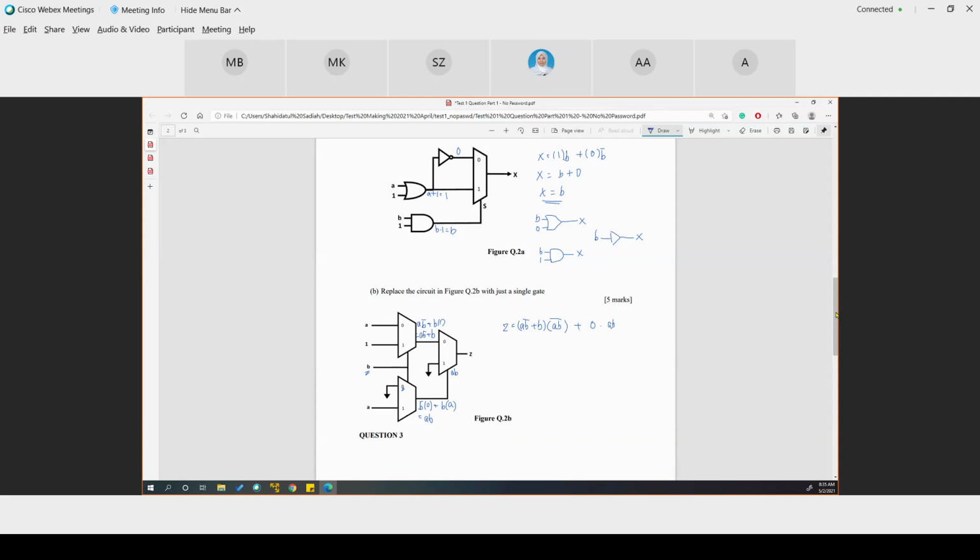This is 0 because it's multiplied with 0, and then we expand this one.